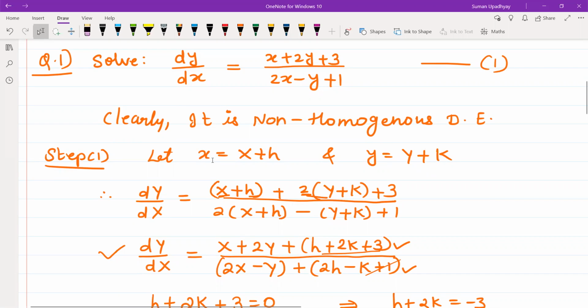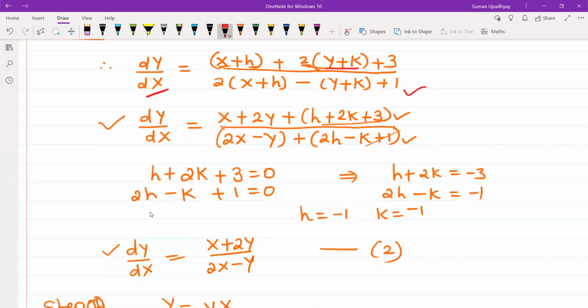Yes, ma'am. Okay, now what you're doing next, you're replacing d small y upon d small x with d capital Y upon d capital X, right? So this is what I have written over here. Now I replace the small x with capital X plus h and the small y with capital Y plus k, and the same thing I did in the denominator. Next, I'm collecting all the variables together and all the constant terms together, and the same thing in the denominator also.